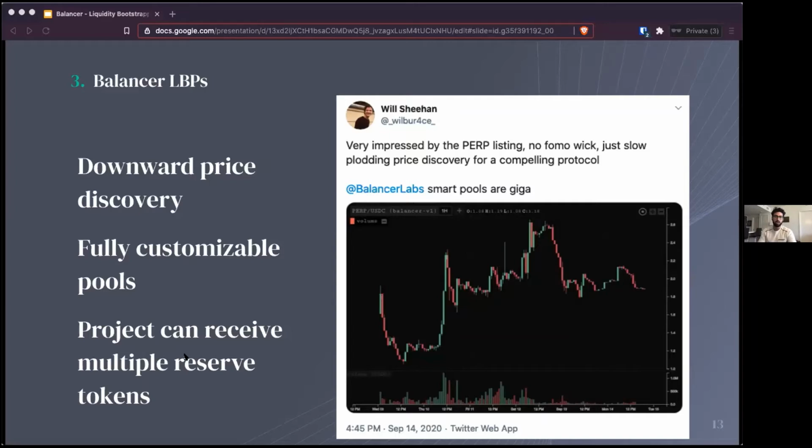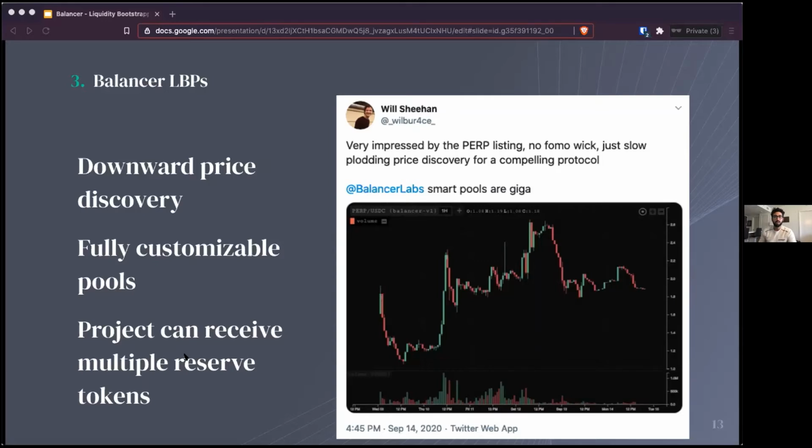So you could start your token sale weighted 90% your project token, 10% reserve asset, let's say it's USDC, and you can set your end weights to basically flip so that in the end, for example, you have 70% USDC and 30% project token. This is not a prescription, these are just random numbers.